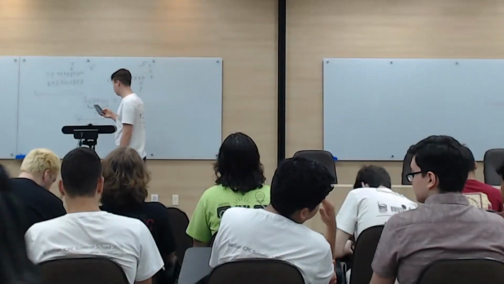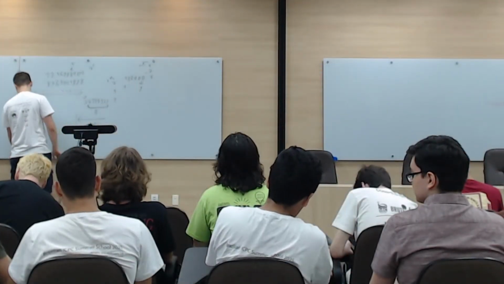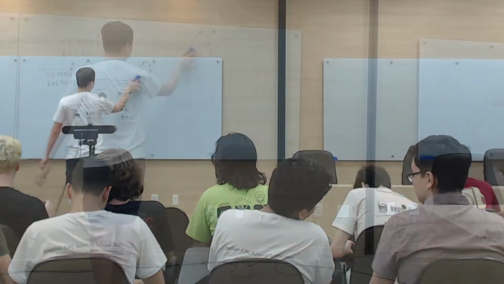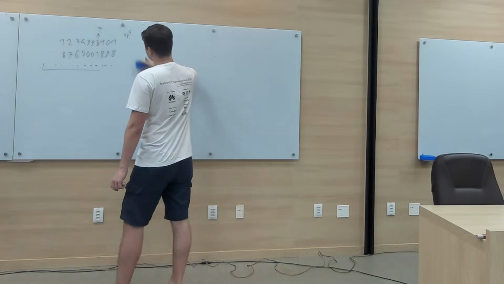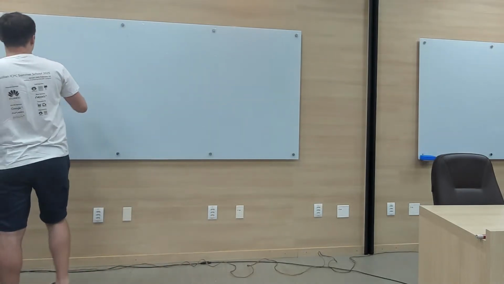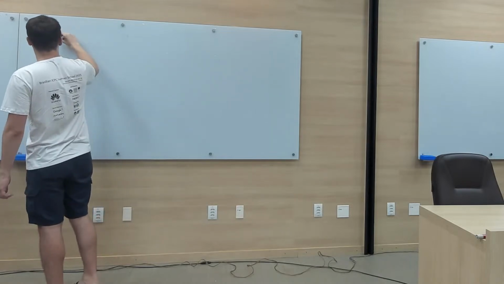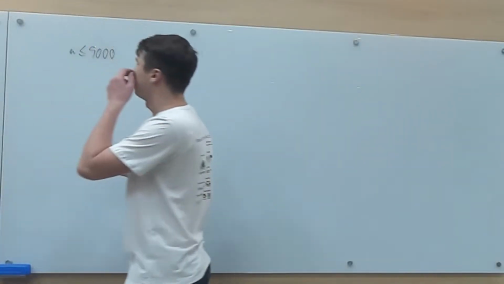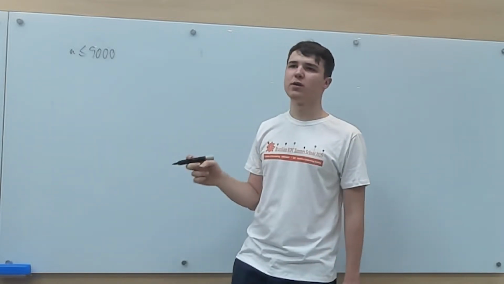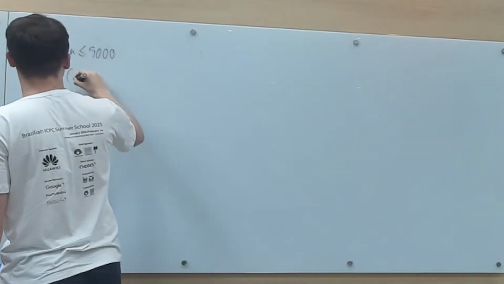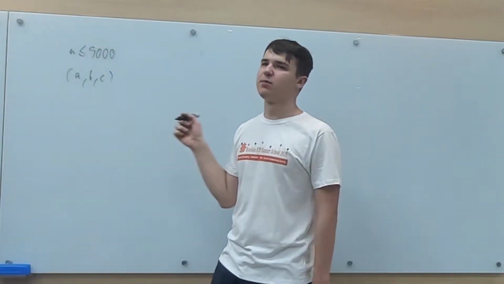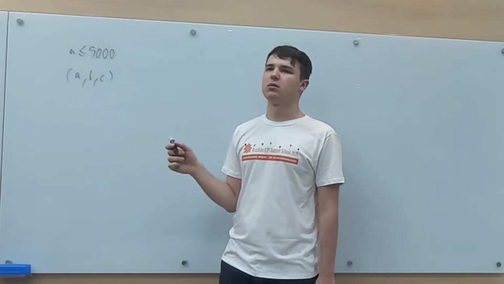Okay, so now hotel. So we had a tree of size 5,000, and what you want to count is a number of triples such that pairwise distances between those three are equal.